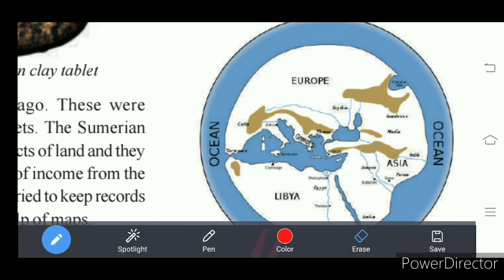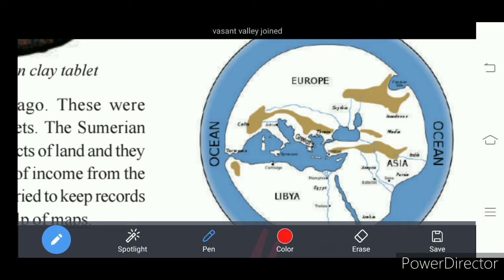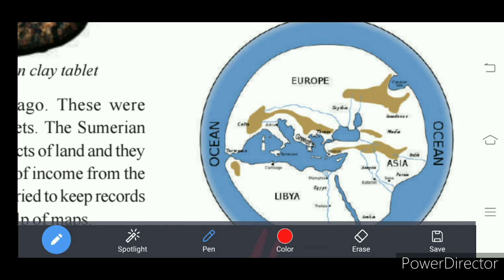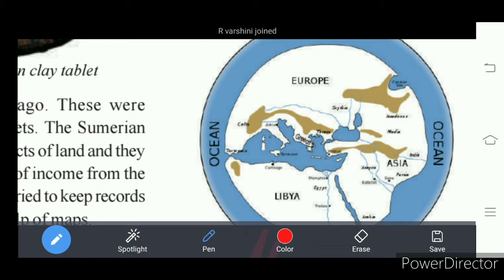Let me show you what latitudes and longitudes are, which you studied in 7th class. Okay, here too we discuss latitudes and longitudes. Dear students, look at this.